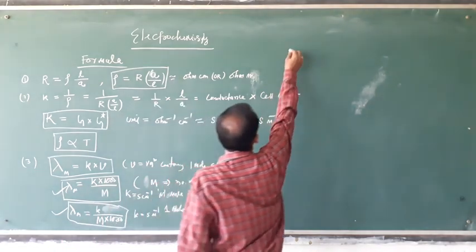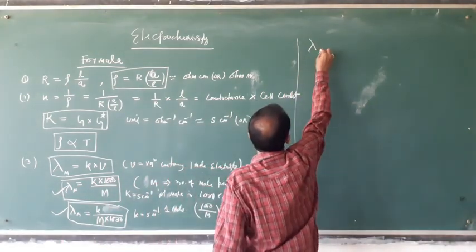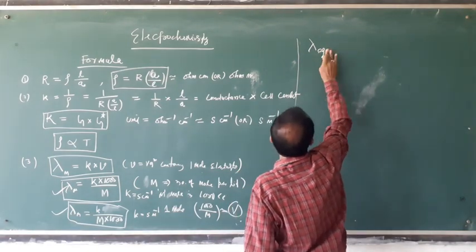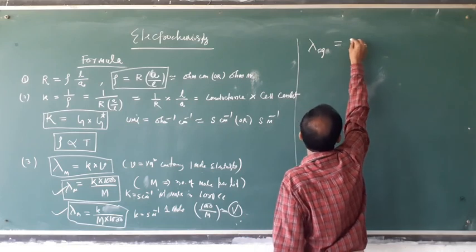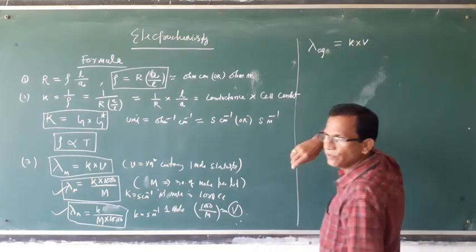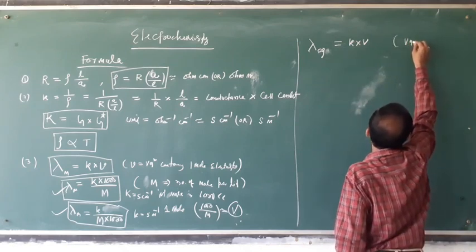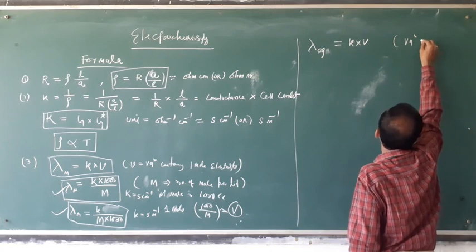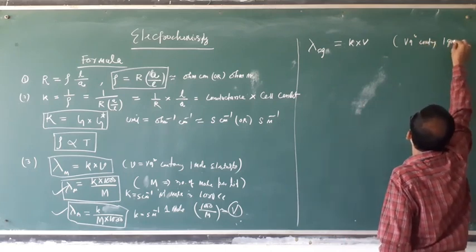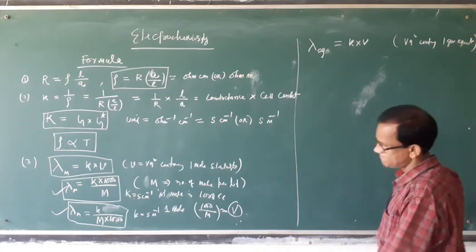Then lambda equivalent. Lambda equivalent is equal to the same kappa into V, but here V is the volume containing 1 gram equivalent of substance.